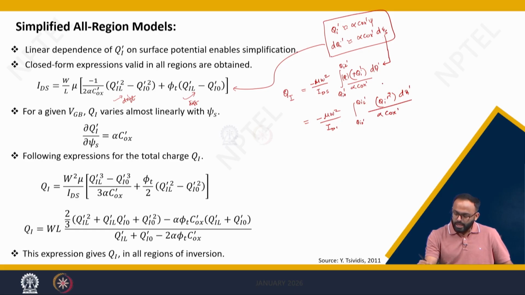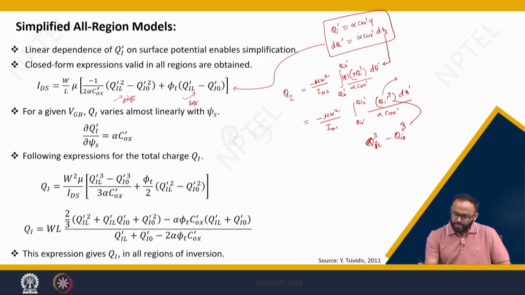Now here, as you are doing the integration of a square term, you will definitely get a power 3 term, which is similar to Qi dash L cubed minus Qi dash 0 cubed. I am not doing a complete calculation here. You can simply solve the integration.